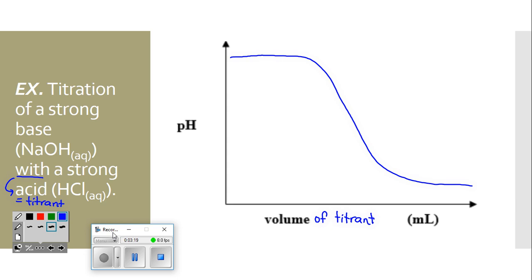Now, why is this initial pH very high? Well, it's because there are way more hydroxide ions than hydronium. Remember that even in a really strong base, I wouldn't ever say that there are 0 hydronium ions. I would always say that the concentration is really, really low. Water always makes both ions.